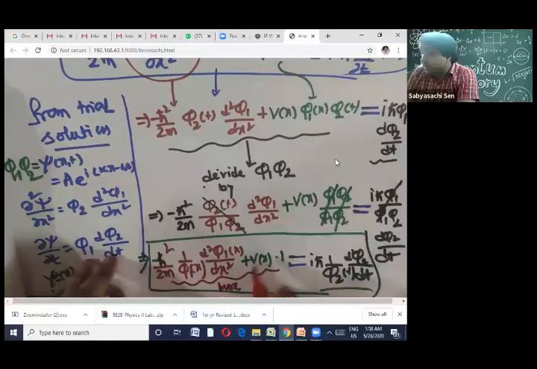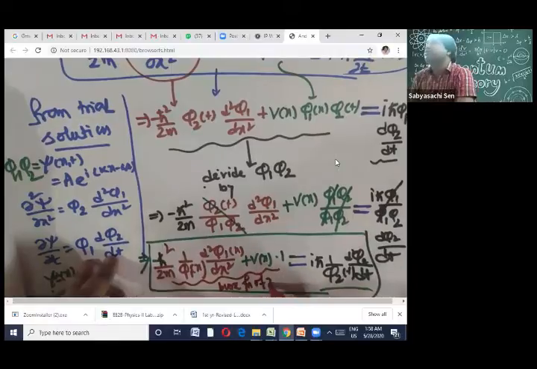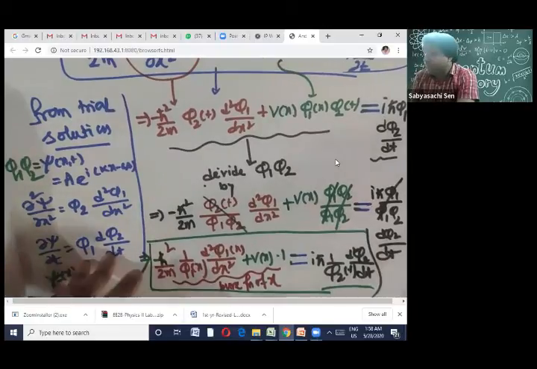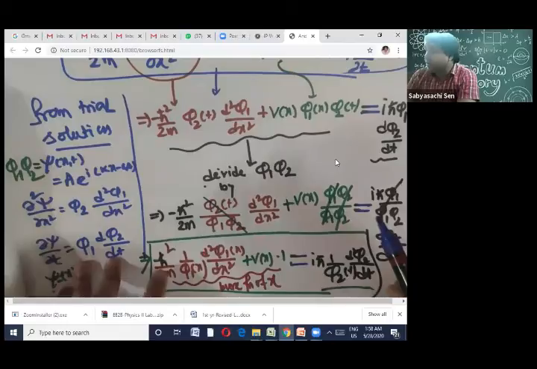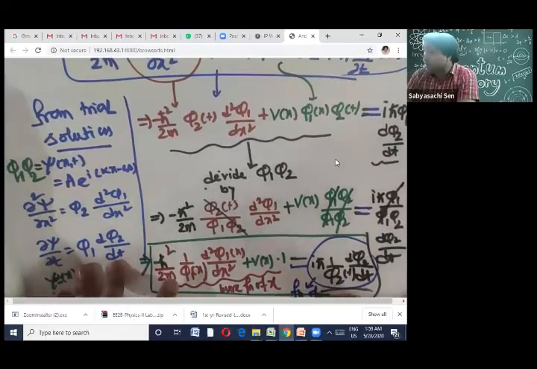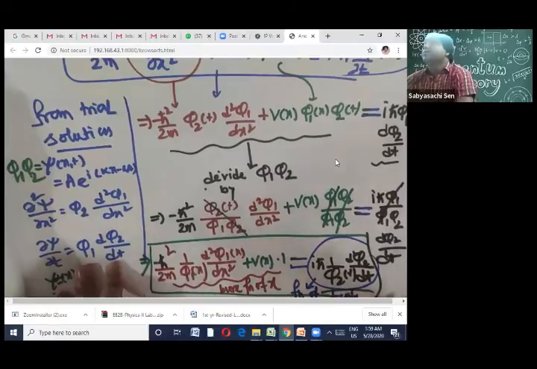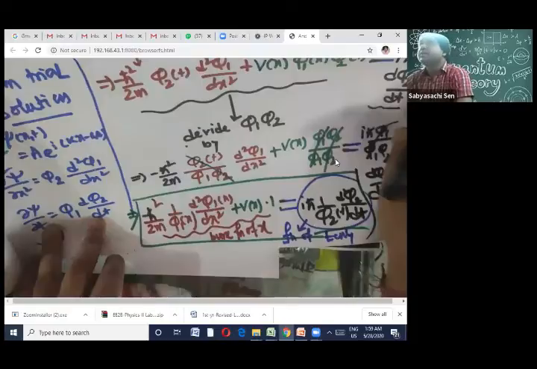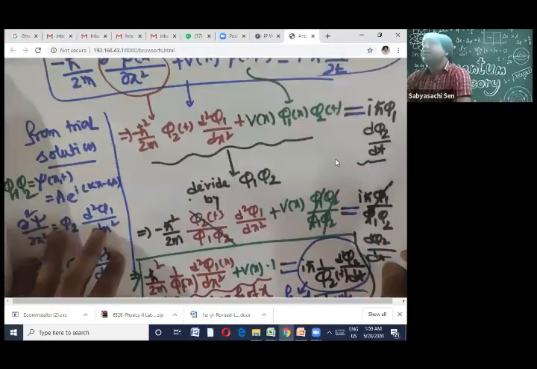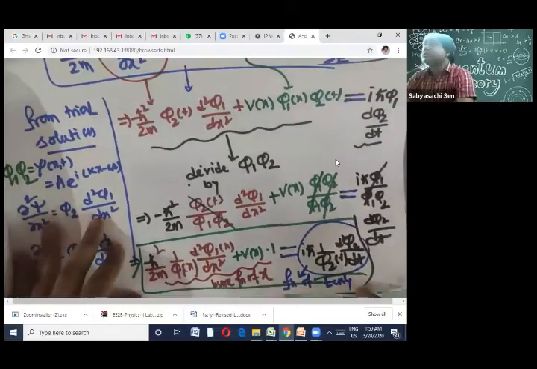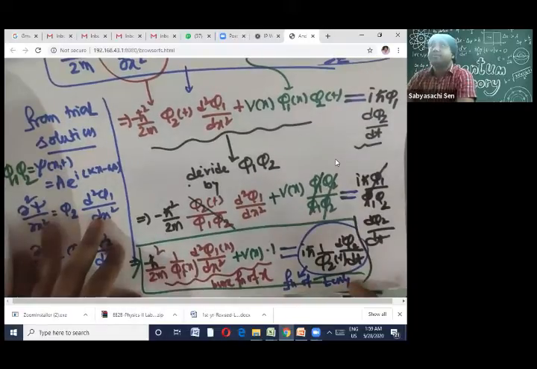It's a function of x only. Similar thing is true for the right-hand side. Now the right-hand side of the equation is a function of t only. So what is happening? I've got an equation whose left-hand side purely depends on x, and the right-hand side depends on t, and they are equal.